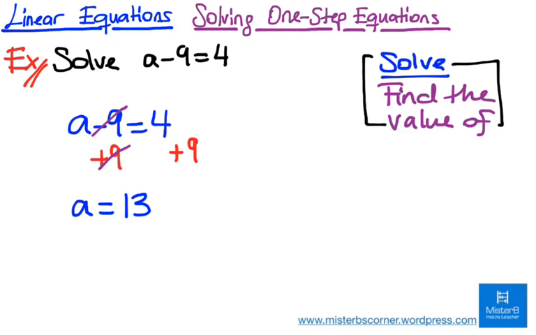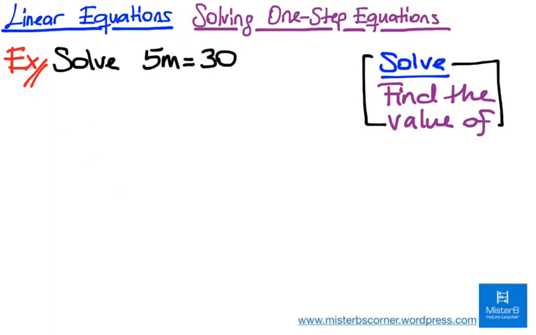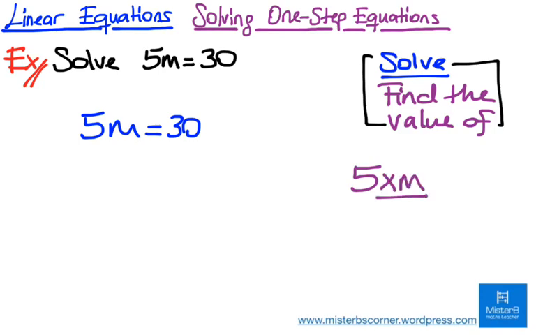Another example. Now this time I have this equation, 5m equals 30. Now remember that when it is multiplication in algebra, we do not use the x or times symbol, because we may have this confused with x.